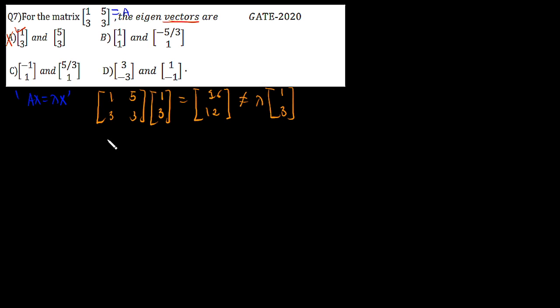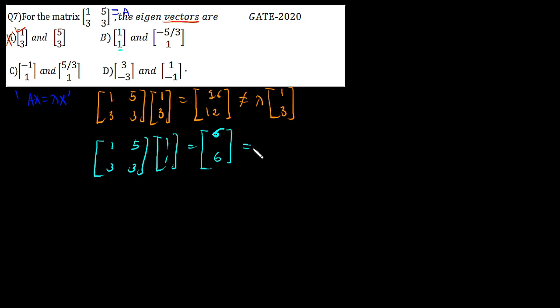Now let's move to option B. Again, let's put the matrix A here as it is. Now let's select the first vector 1 comma 1. Let's find the resultant vector. Here the first entry will be 6, and the second entry is also 6.